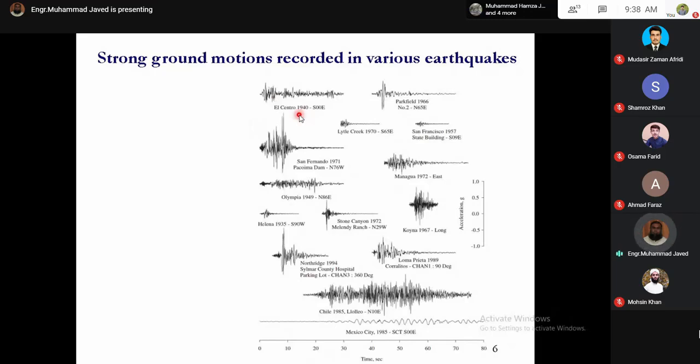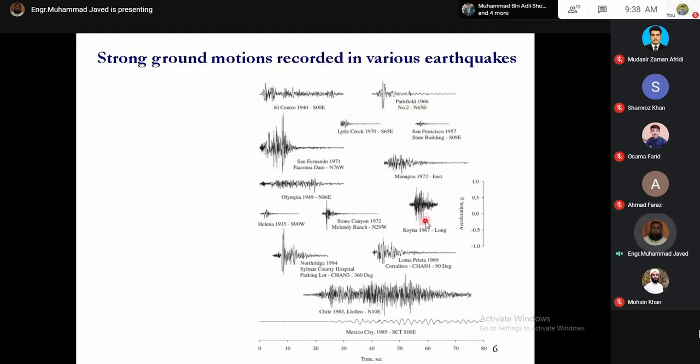Since it was recorded at the location El Centro, that ground motion record is known as El Centro 1940 ground motion. Similarly, Parkfield 1966, etc.